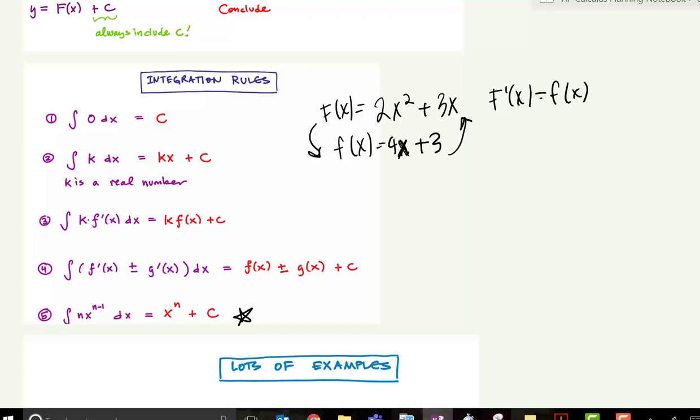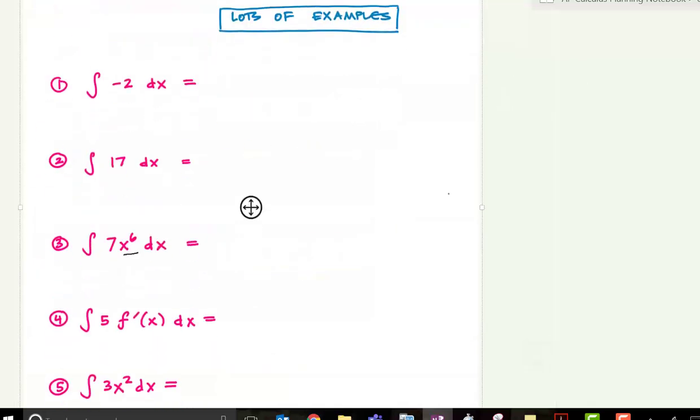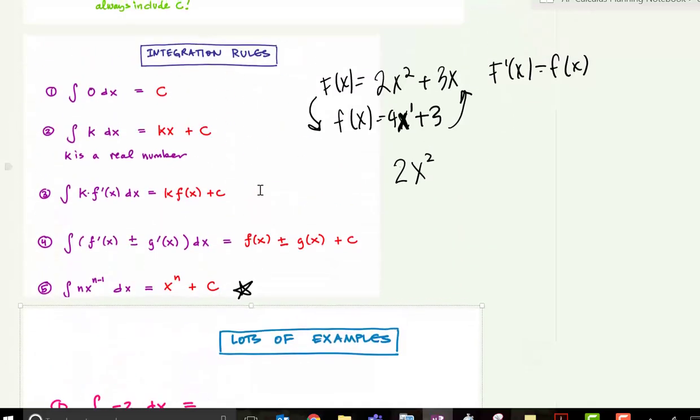I would be moving this up one power. This is x to the 1, but if I integrate, it would be x squared. And then I also know that this 2 got multiplied by some coefficient in order to give that 4, and I know that 2 times 2 is 4. This 3 is x to the 0 technically, but if we're working backwards, x to the 0 becomes x to the 1. So I know that that has to be 3x.